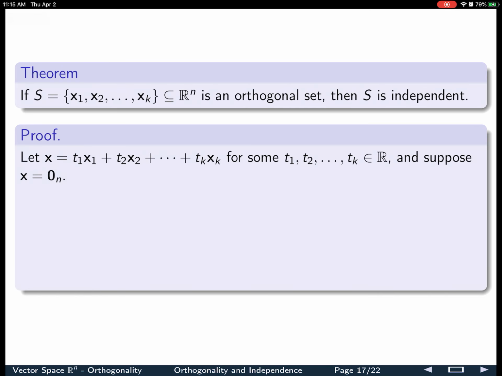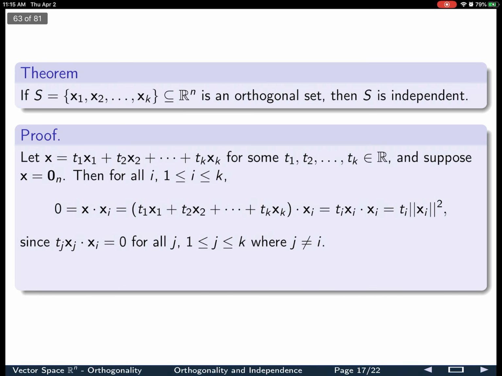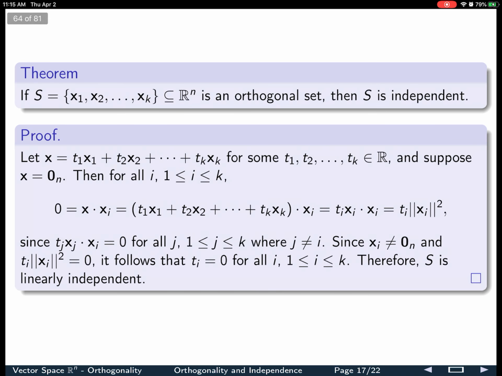If you have an orthogonal set, it should be independent. It's kind of like duh, but this is what it looks like to use the definition of linear independence and show that orthogonality implies the condition that our set of vectors is linearly independent. Cool.